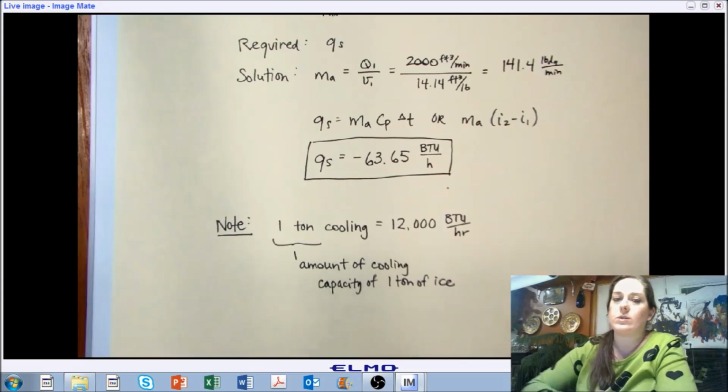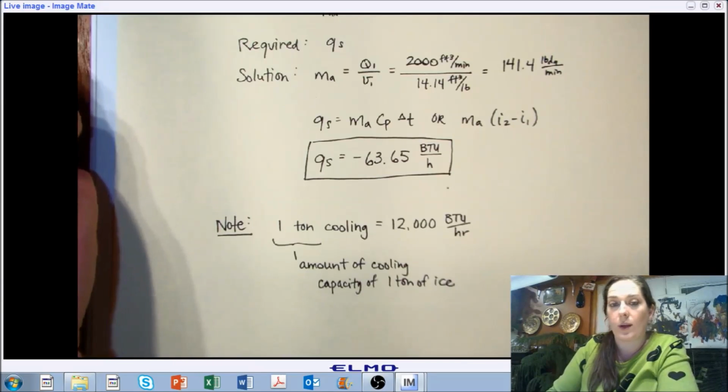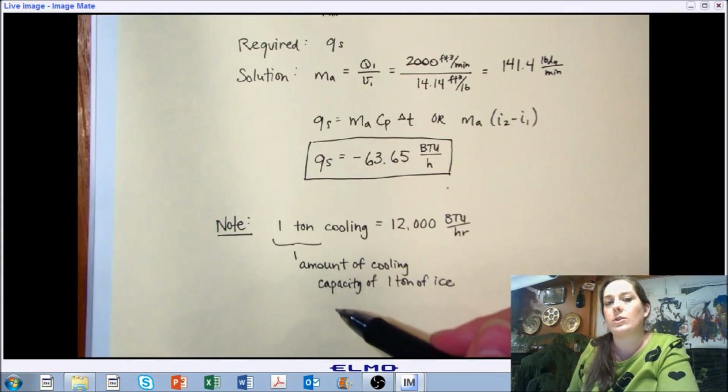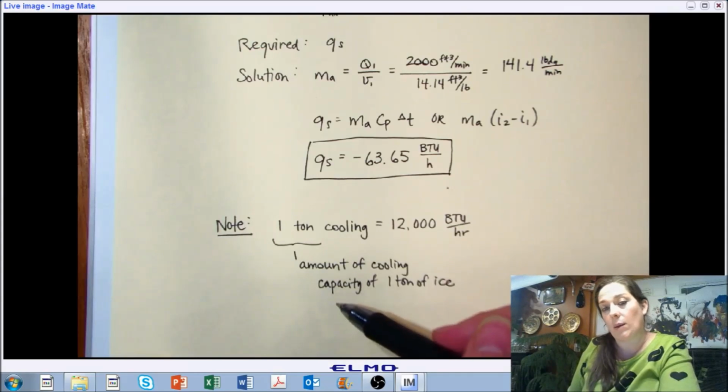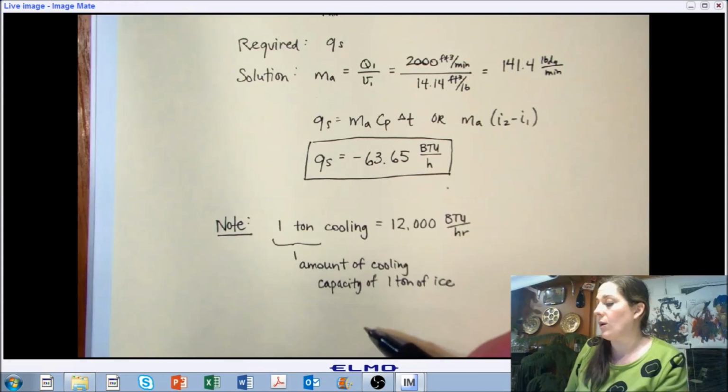I'll try to throw these little pieces of information in where I'm aware of them and when I remember, because while we have these very strange units in the English system, they're usually based on something practical from the history of our equipment. In this case, our original HVAC systems operated with ice.